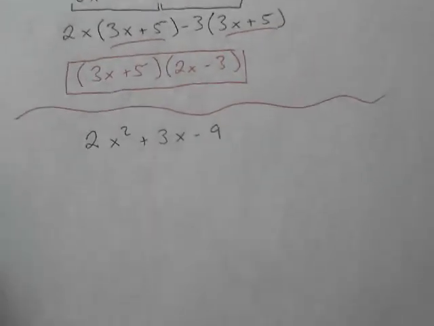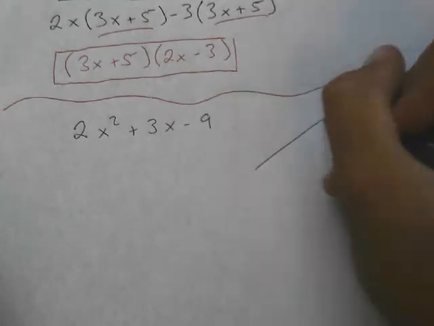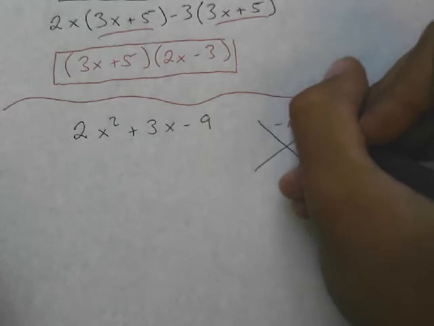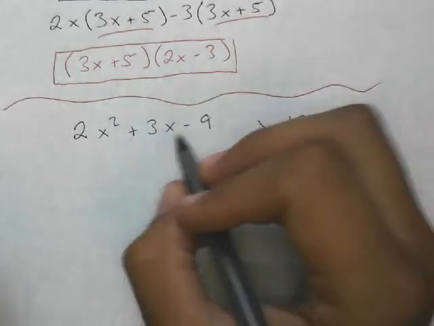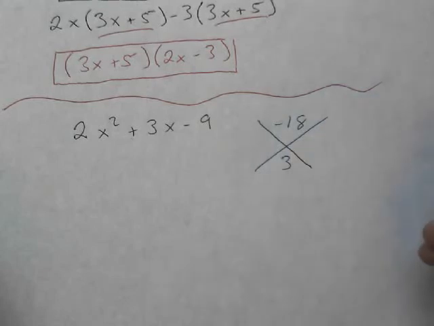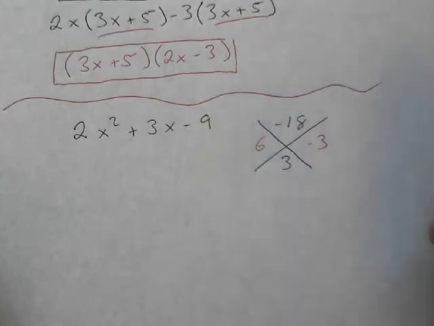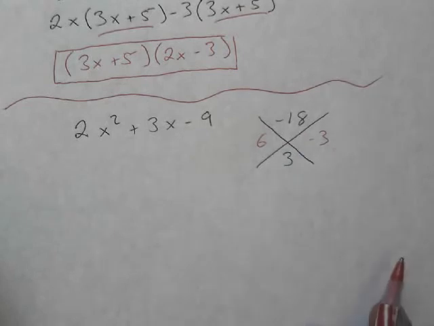Alright, so let's begin by solving this problem here. Again, I'm going to start off by setting up my diamond and multiplying the first and last to give me negative 18. And in the bottom, I'm going to put the number that's right there, in this case, a positive 3. After running through some options, you're going to find out that 6 and negative 3 multiply to negative 18 and add to positive 3.